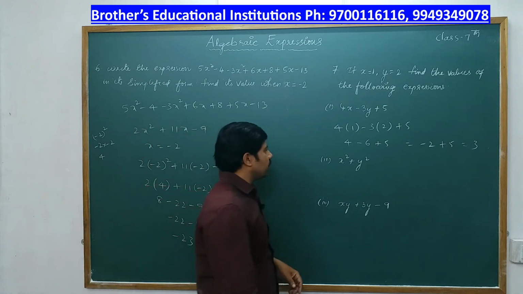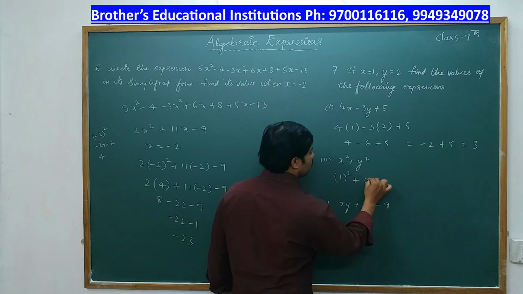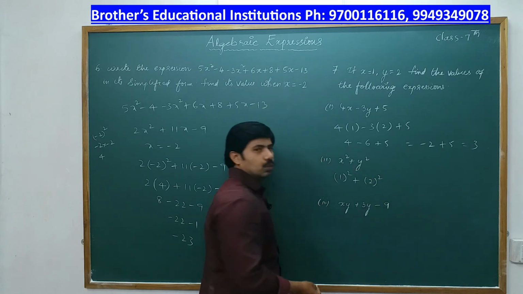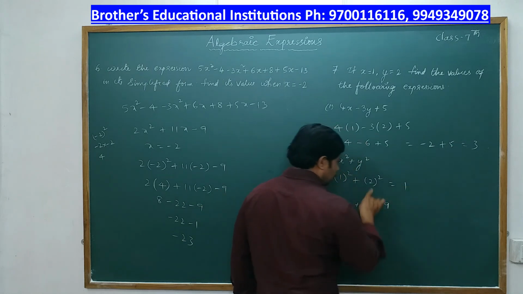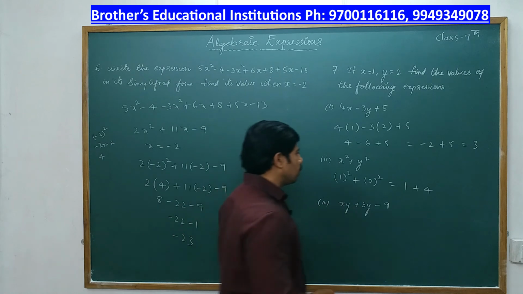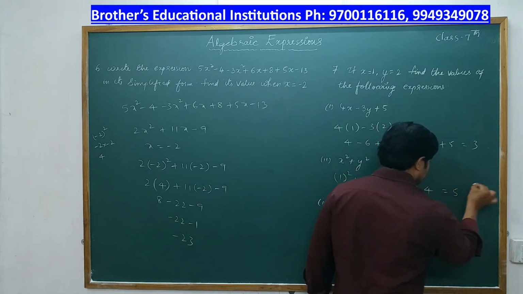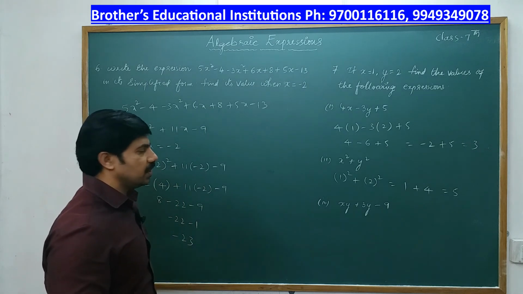Then after that we have x square plus y square. So x value is 1, y value is 2. So 1 square, 1 into 1, is 1. 2 square, 2 into 2, is 4. So 1 plus 4 is 5. Right? Now next problem, we have xy plus 3y minus 9.